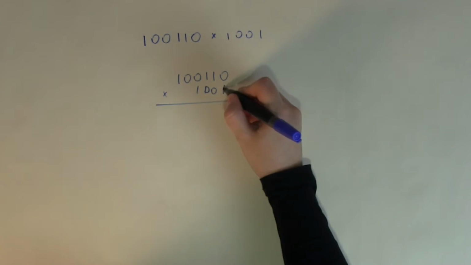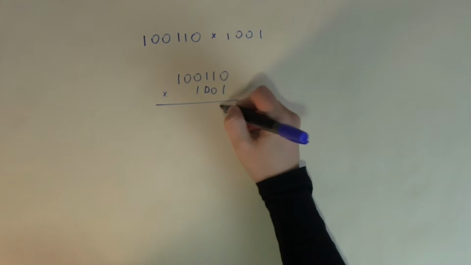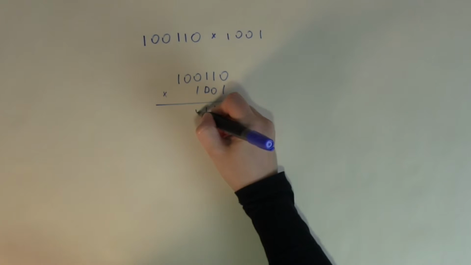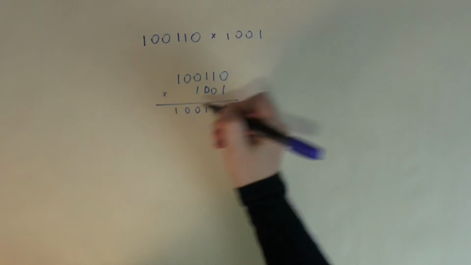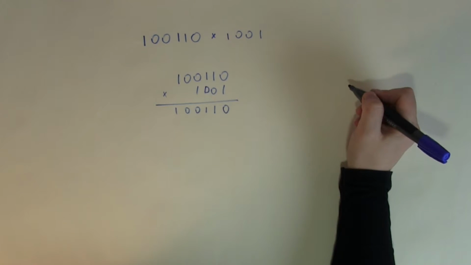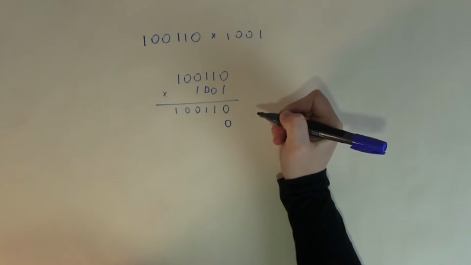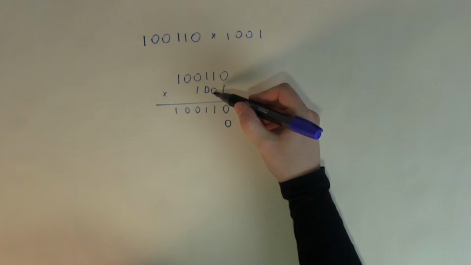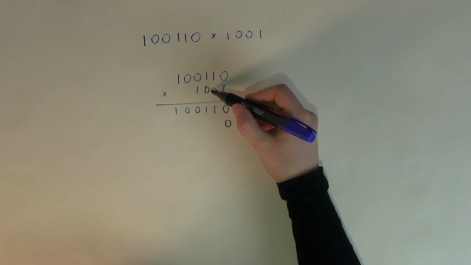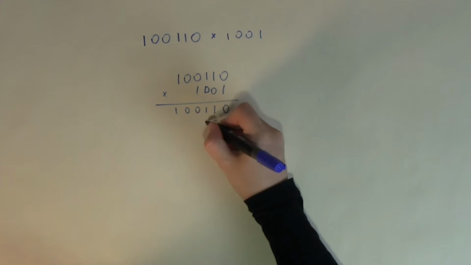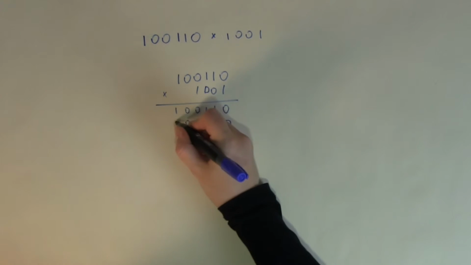The first digit is a 1, so I'm just going to copy the original number down. The next digit is 1 place value up, so I need to start with a 0 because that is a bigger place value. But this digit is also 0, so I can just easily copy all zeros into here.